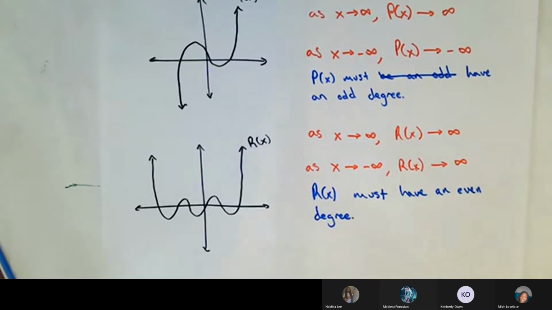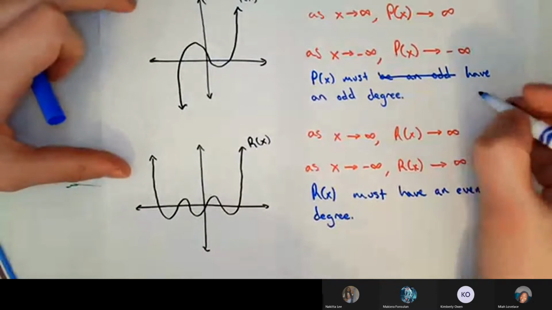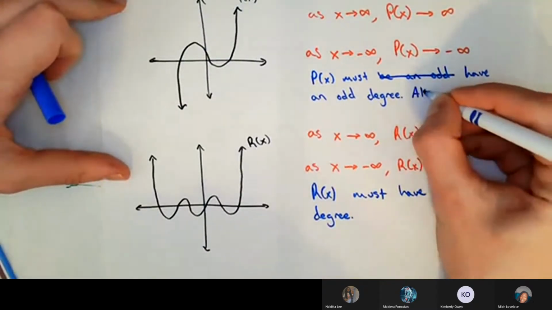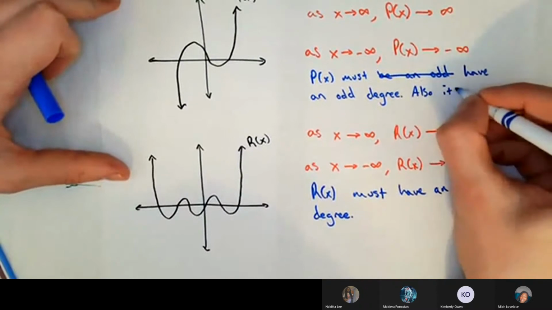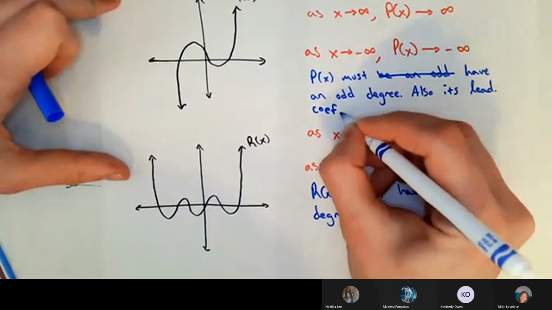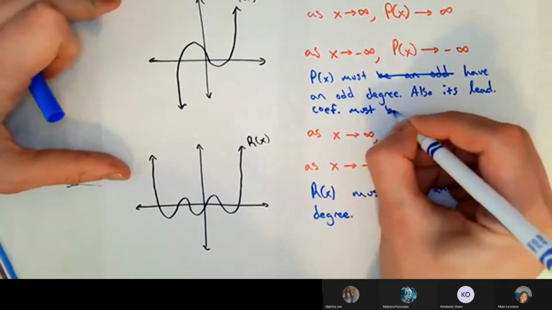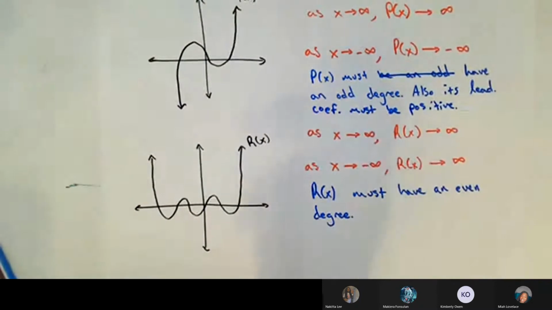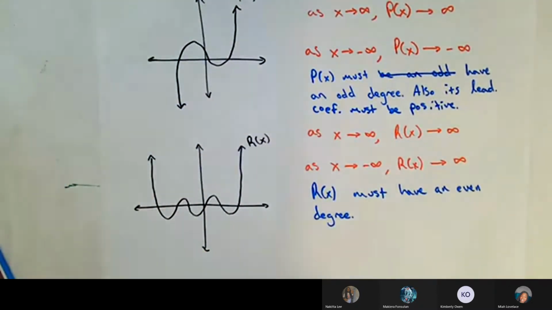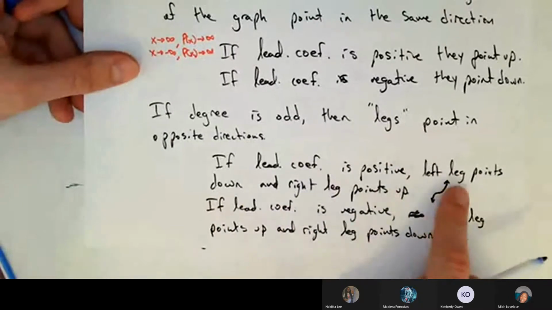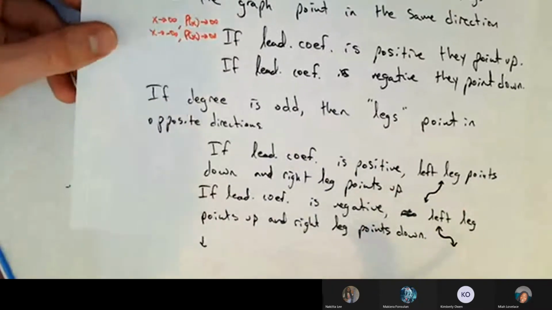Moreover, we can say that they both must have positive leading coefficients, I should say. The leading coefficient must be positive, because those rules I put back here say that if degree is odd and the leading coefficient is positive, then left leg points down and right leg points up.